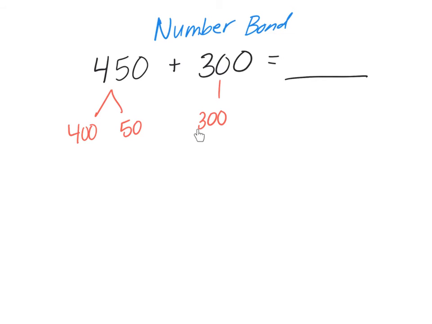So 400 plus 300 is 700. And then you would still add back on your 50. So 700 plus 50 is equal to 750. So that's the final answer. So that's number bond, and that would be where you just break apart the units using a number bond and you add up all of the same types of units.